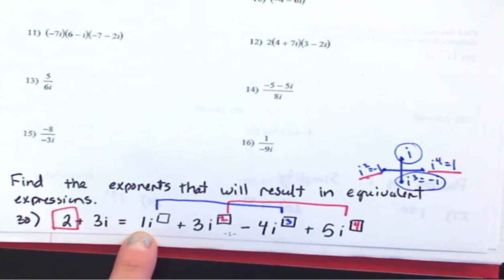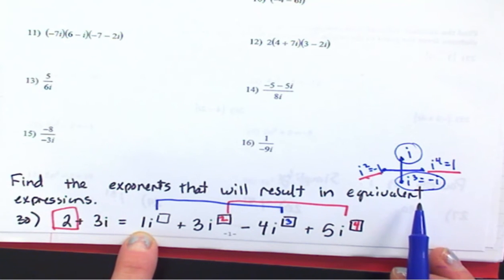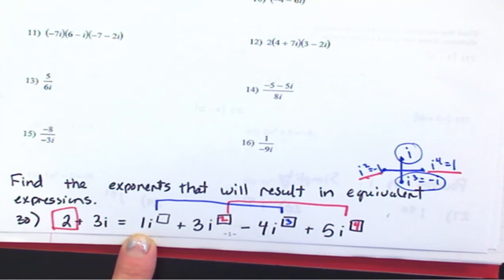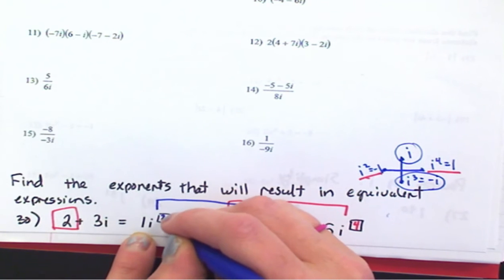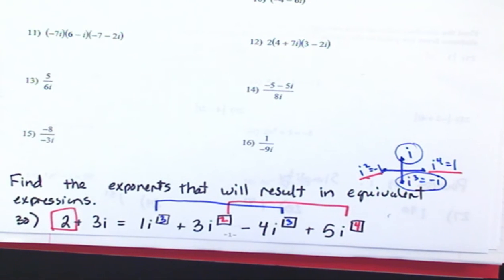This, I need it to be negative i, so this also has to be cubed, right? Yeah, they're both cubed. Does that answer your question? Look more for the coefficients and then pick the corresponding power that will rotate to the correct positive or negative quantity that you need.